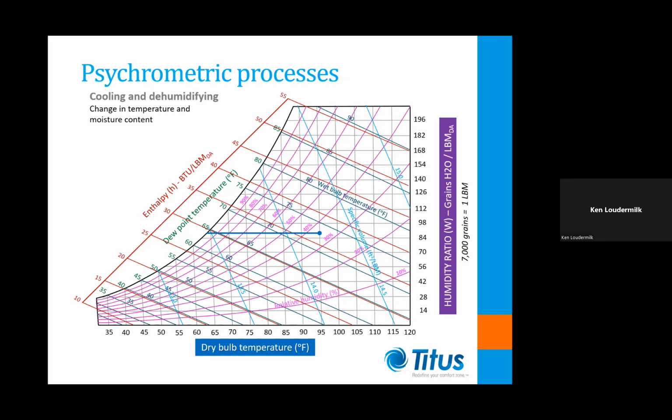Note that the dry bulb, wet bulb, and dew point temperatures are all the same at this point. As the mixture experiences further cooling, moisture begins to fall out, and any further temperature drop is accompanied by additional condensation. This is because the mixture's capacity to hold moisture is reduced as its dry bulb temperature is lowered.